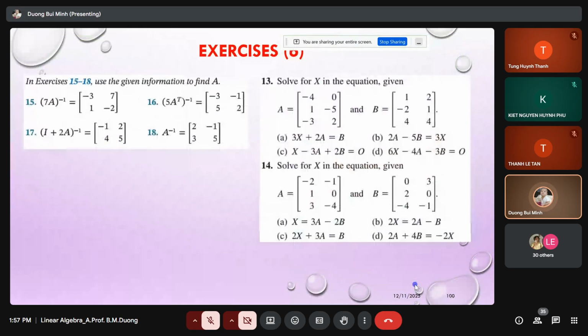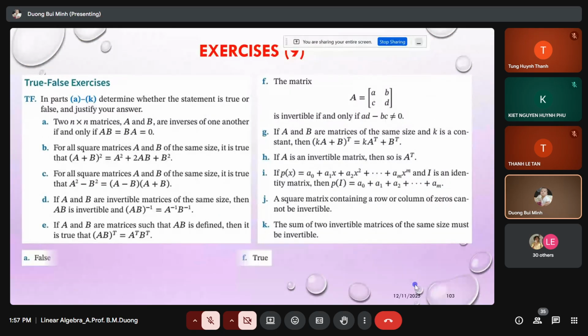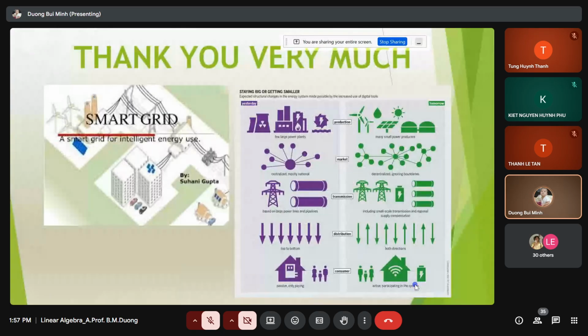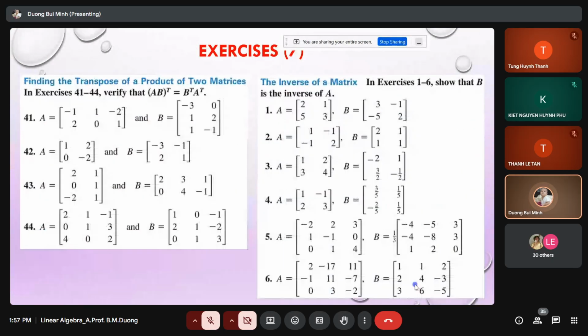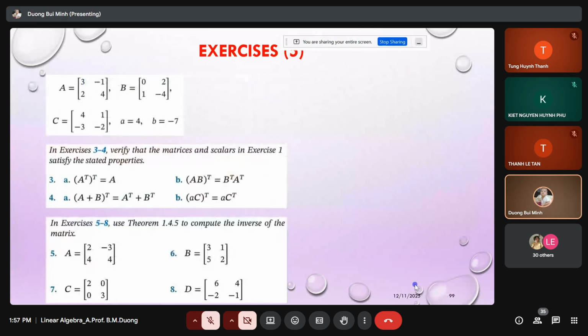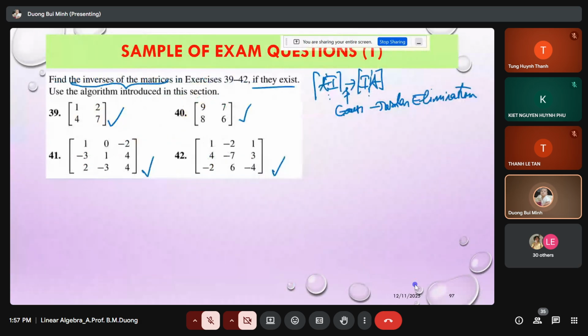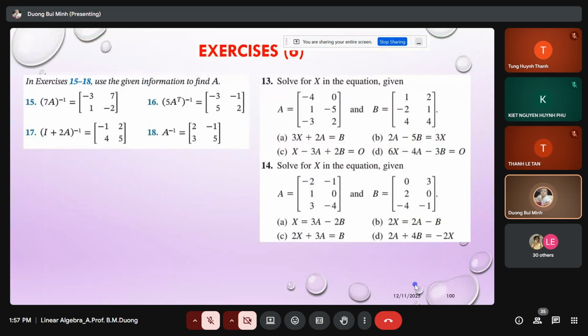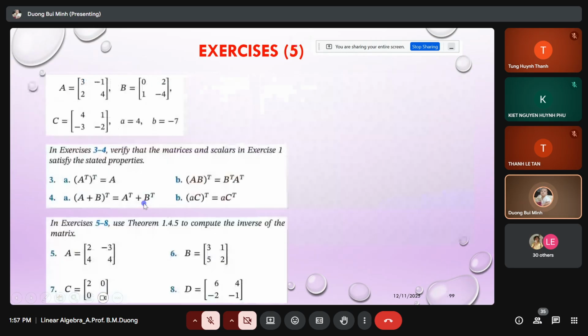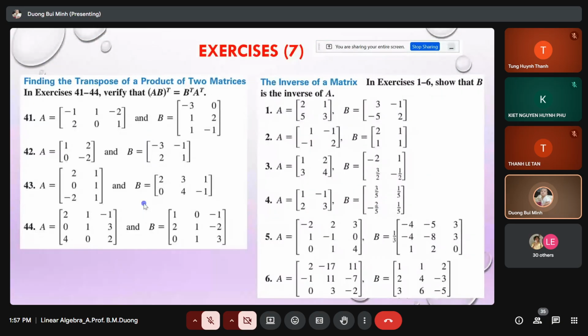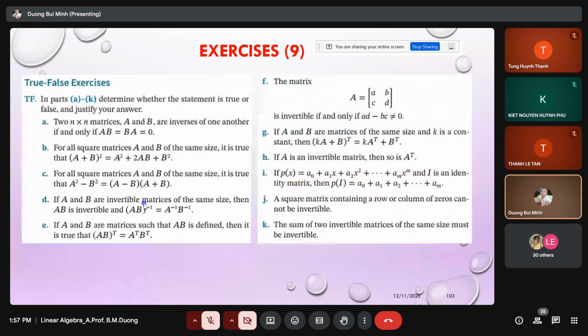So for exercise, we finish lecture 1, part 3, and of course we have homework. The homework will be exercises 5, 6, 7, 8.